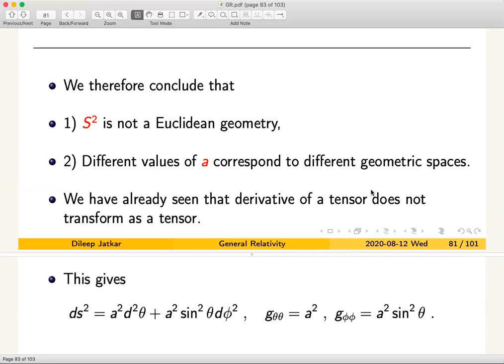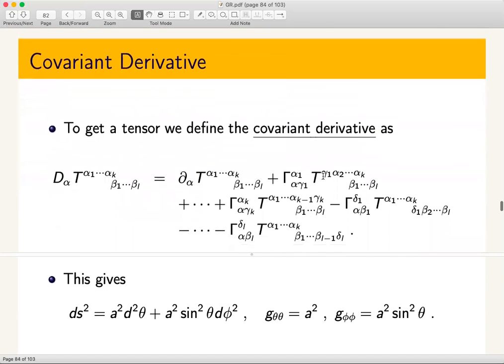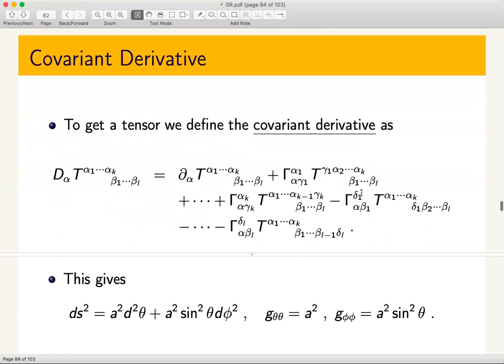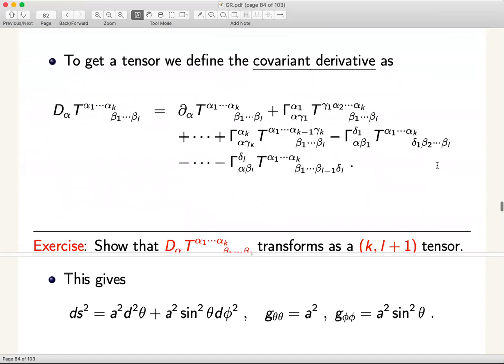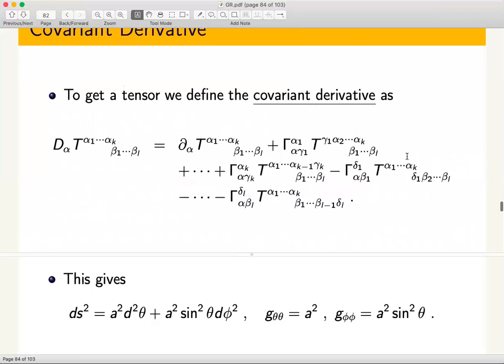That new derivative that you get is typically called a covariant derivative, and that's what we will do. We'll define a covariant derivative, and here's a complicated definition, but it's not very difficult to understand. Let's run through the terms here. This covariant derivative acting on a tensor of contravariant rank K and covariant rank L acts in this fashion.